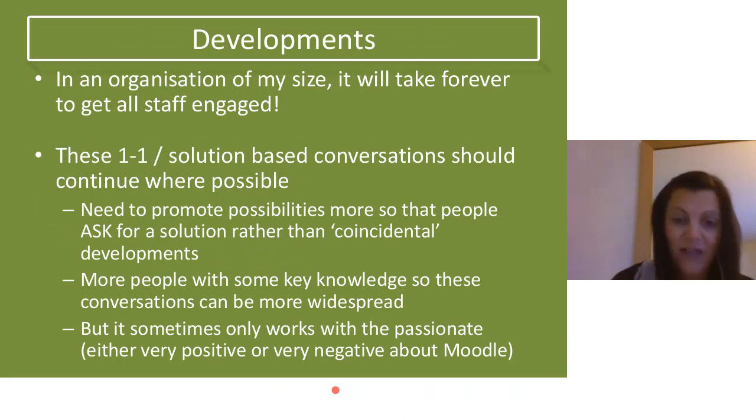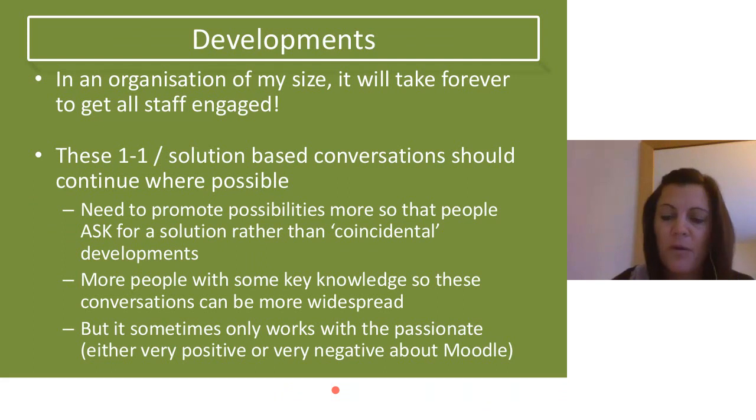There are thousands of staff who work there, and thousands of students. And I could never actually achieve that. So this should continue where I can. We should still have these conversations, and I need to make sure I've got people on all my different sites to make sure those conversations can happen.